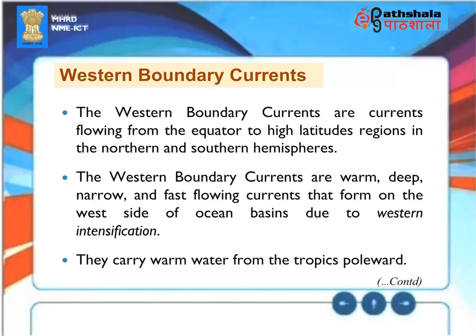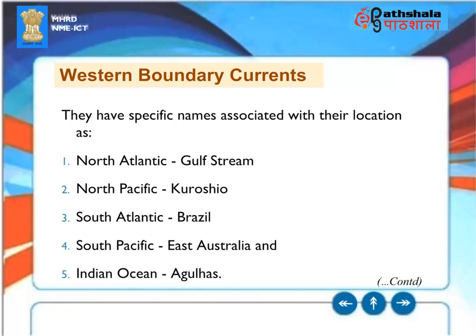They carry warm water from the tropics poleward. They have specific names associated with their location as North Atlantic Gulf Stream, North Pacific Kuroshio, South Atlantic Brazil, South Pacific East Australia, and Indian Ocean Agulhas.